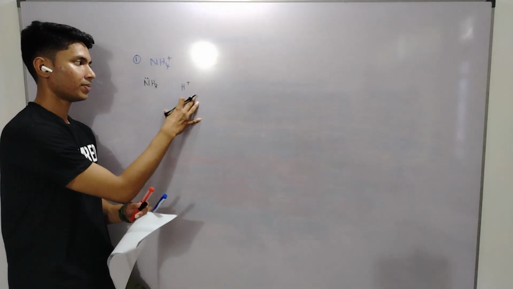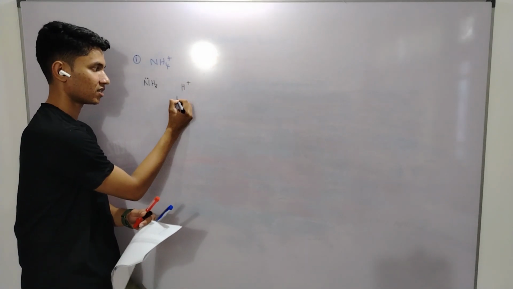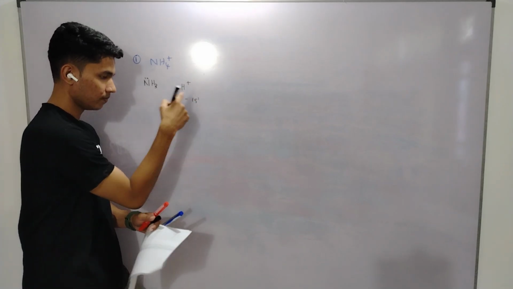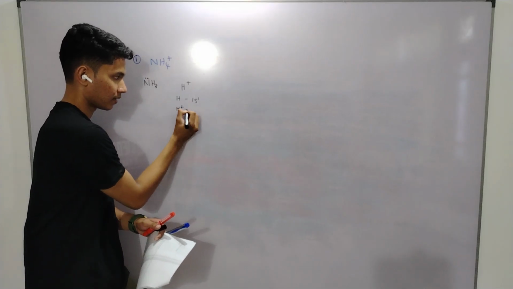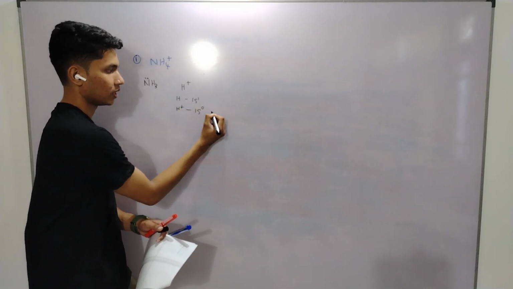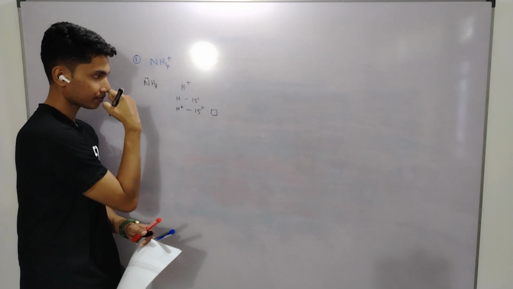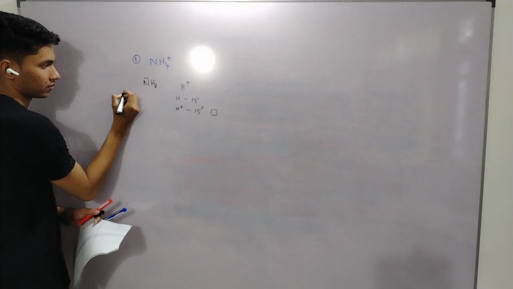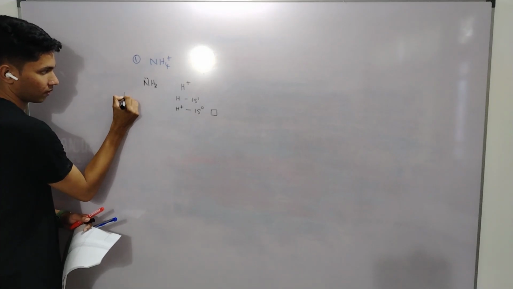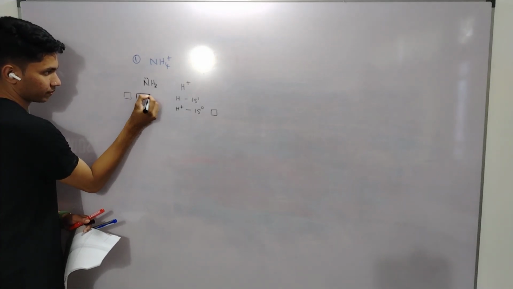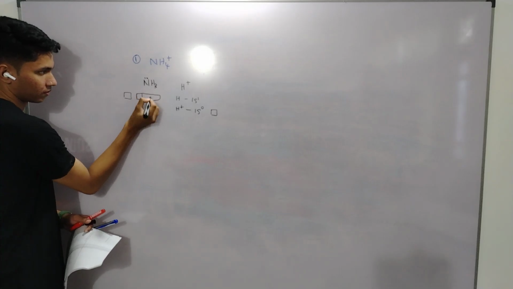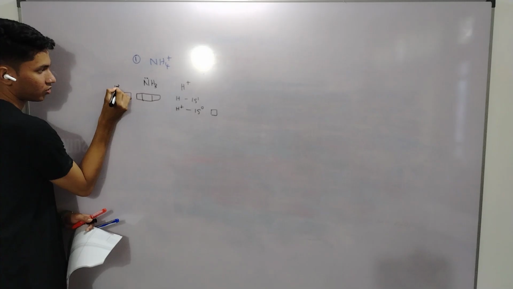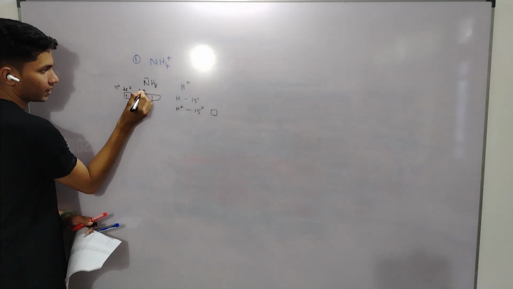The electron configuration of H is 1s1, so for H plus the configuration is 1s0, meaning the orbital is empty. What is the electronic configuration of nitrogen? 1s2, 2s2, 2p3.